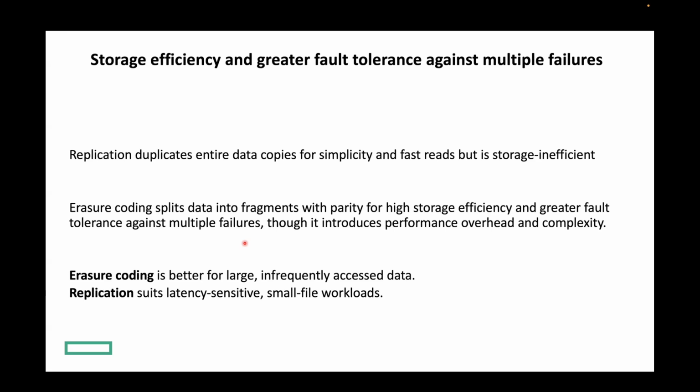If you have very tiny, metadata-intensive data and you want it to be read fast, then you can use the method of replication, where it duplicates the entire data sets in different places, so the reads at scale are efficient. Whereas erasure coding helps you split data into different fragments with the parity bit and the data bit.